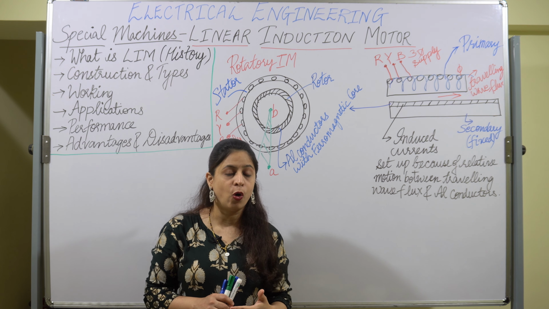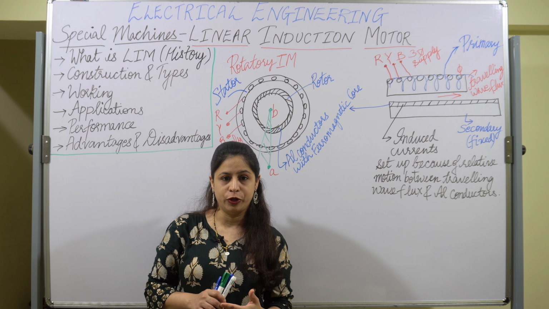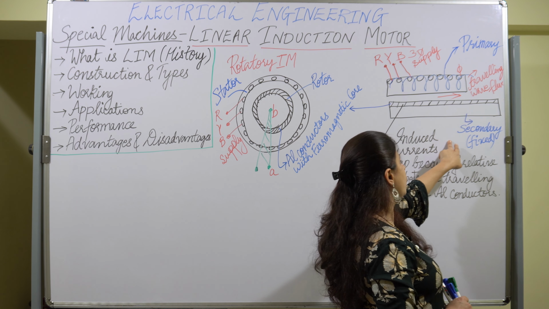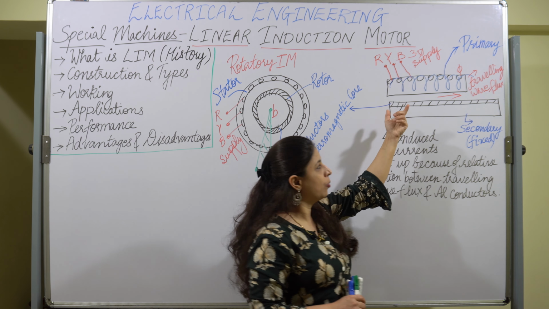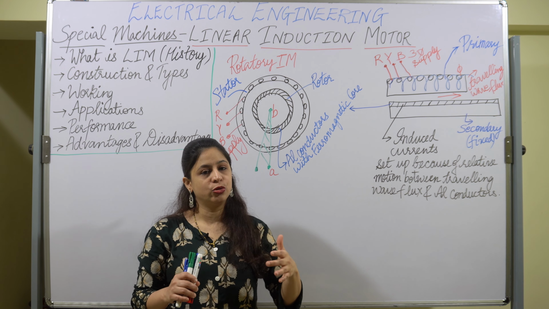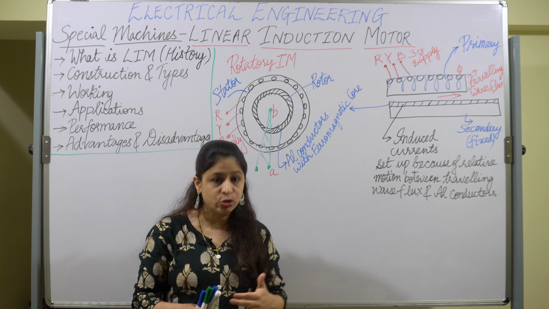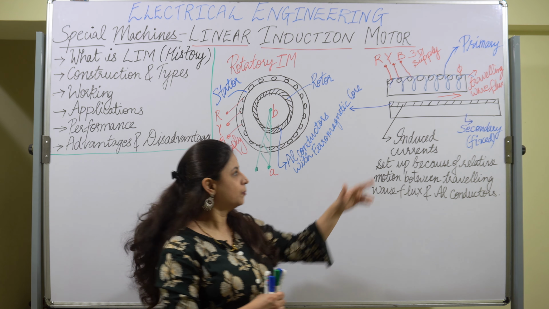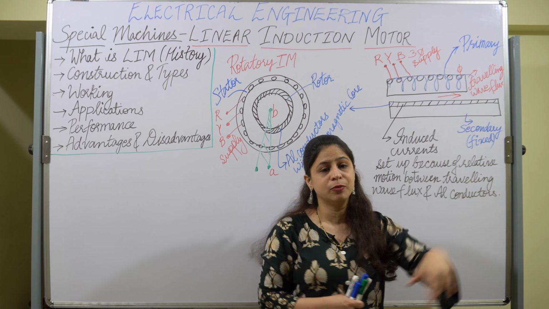Over here we could call that force upthrust, but because we are keeping the secondary fixed, our primary is free to move. So with that thrust, not upthrust, it is just the thrust, the primary will start moving.